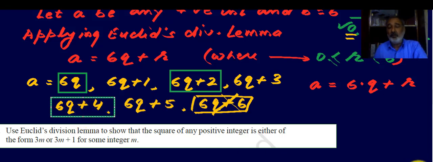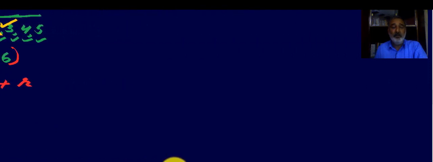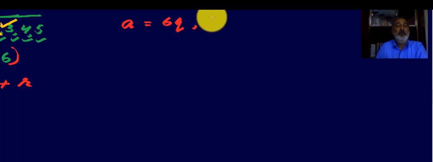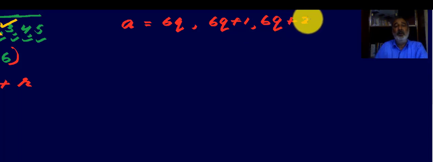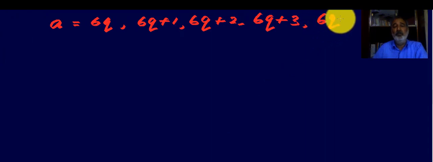In the same way, as I have taken in the previous question, the values of a: first value of a is 6q, 6q plus 1, 6q plus 2, 6q plus 3, 6q plus 4 and 6q plus 5.